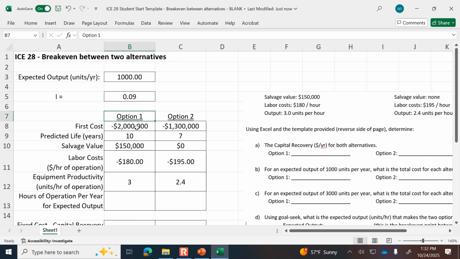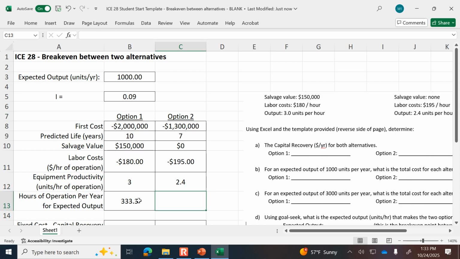If this option 1 equipment can do 3 units per hour, then the number of hours per year it's going to be running and operational is 1,000 units per year divided by 3 units per hour. That tells me it's going to take 333.3 hours of operation to make 1,000 units.